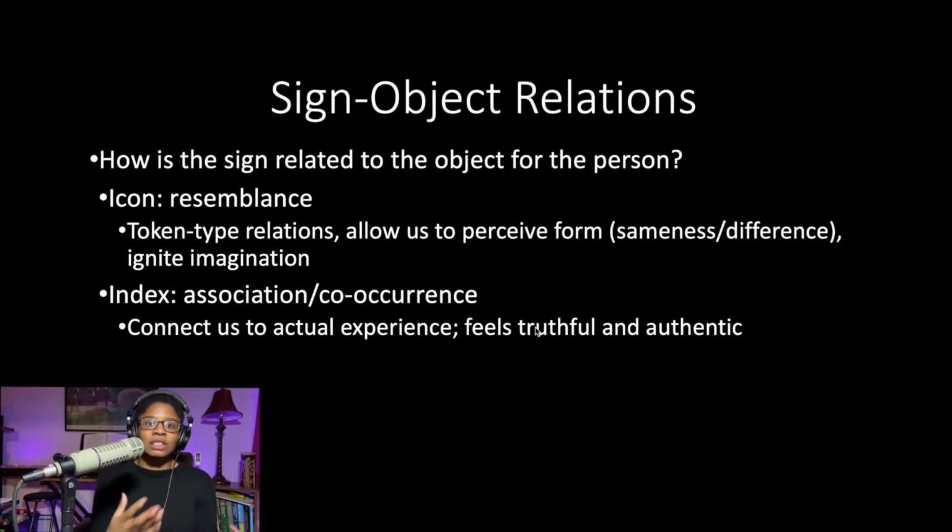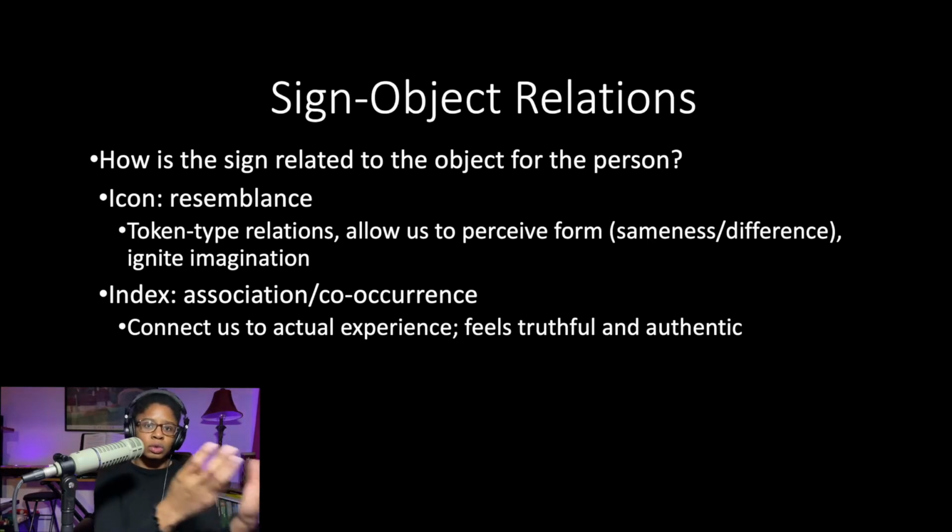As for an indexical connection, remember that this is a relationship of co-occurrence. The sign and the object usually occur together, and that's how the perceiver understands the relationship between the sign and the object. Remember, a good example of this is often when we see smoke, we usually see fire attached to that.